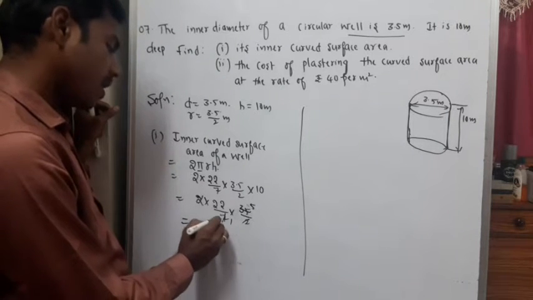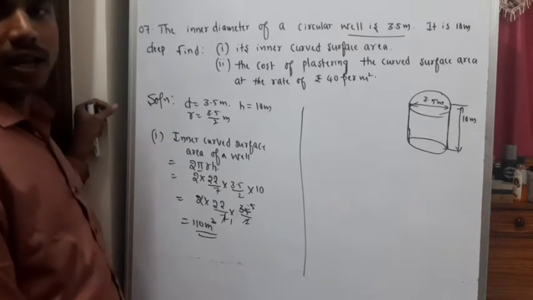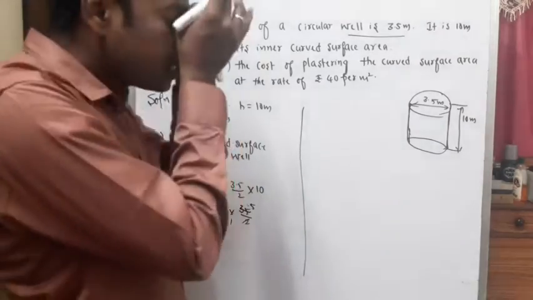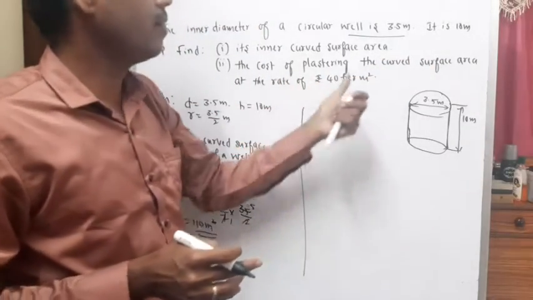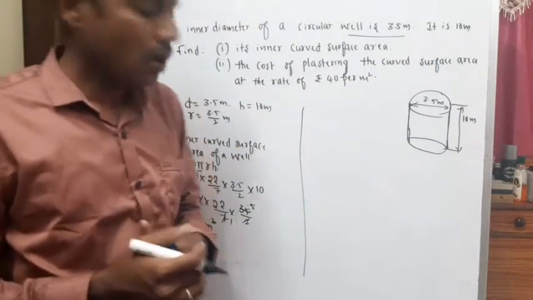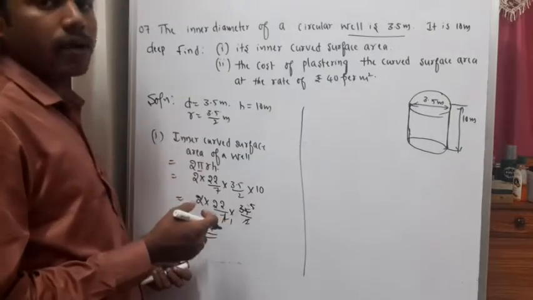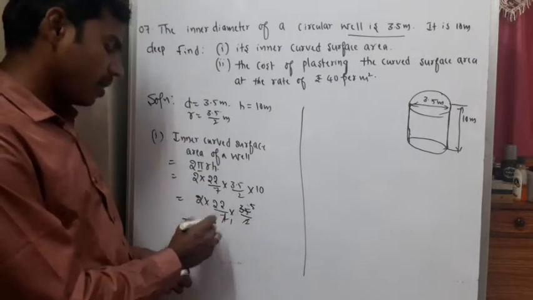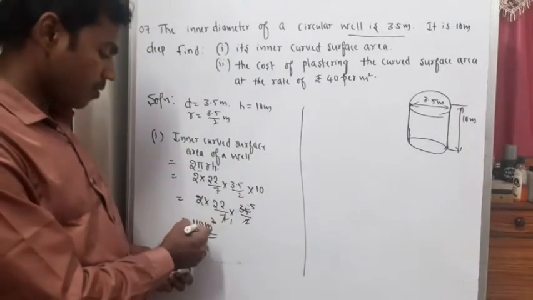So the curved surface area of the well is 110 meter square, and the cost of plastering the curved surface area is at the rate of 40 per meter square. How many meter square do we have? We have 110 meter square. So we need to find the cost for plastering 110 meter square.